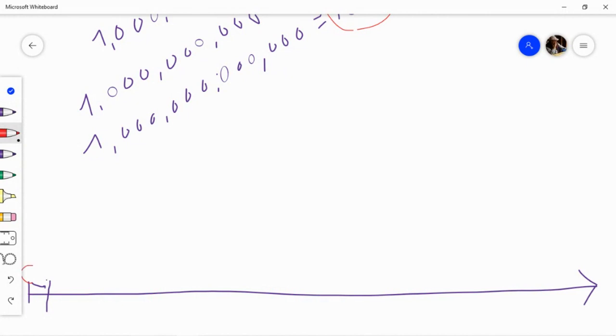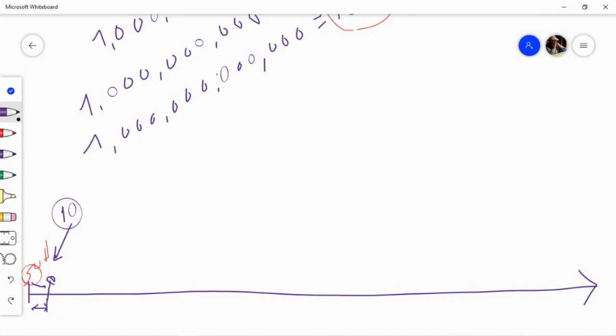Here's our sun, and let's say this is our Earth. Let's say the distance between the Earth and the sun is 10 billion miles, but let's just say 10, to make it simple.